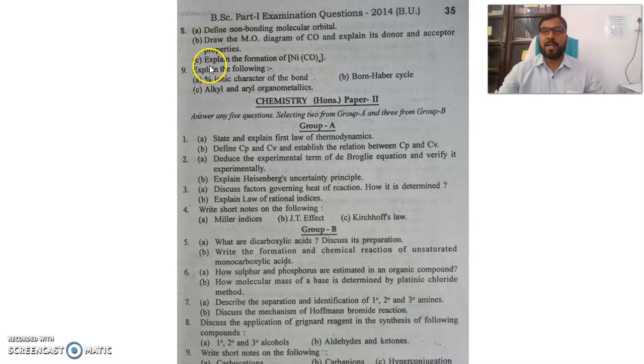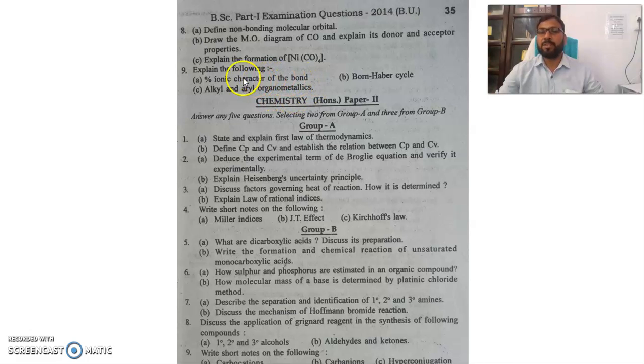Then the last part of question 8 is to explain the formation of Ni(CO)4. In the last question, explain the following: percentage ionic character of bond, Born-Haber cycle, alkyl and aryl organometallics.